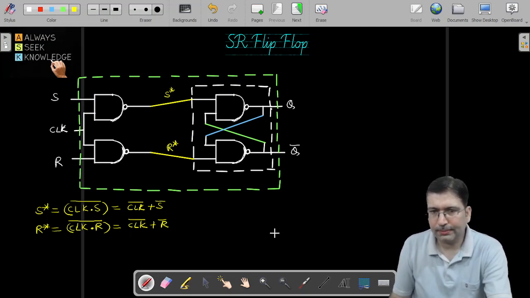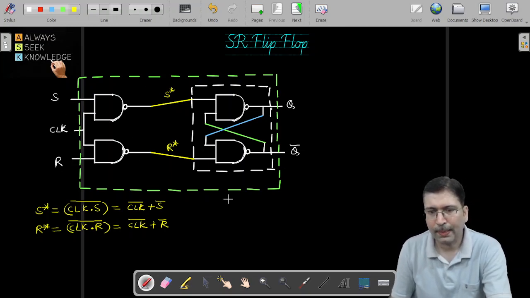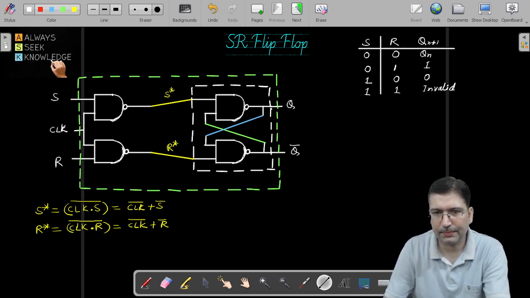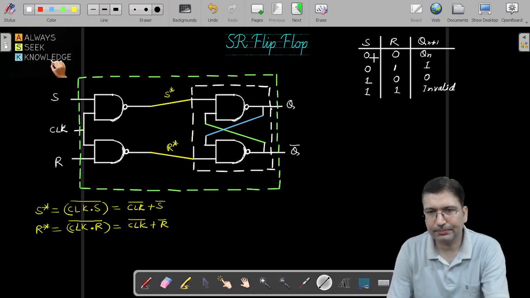Now if you can recall the truth table of this latch, let me quickly draw that. So this truth table looks like this, which we have already discussed in the previous lecture, right? So this is 0 0 actually. When we pass 0 0, what happens? In case of 0 0, we pass 0 here and 0 here.